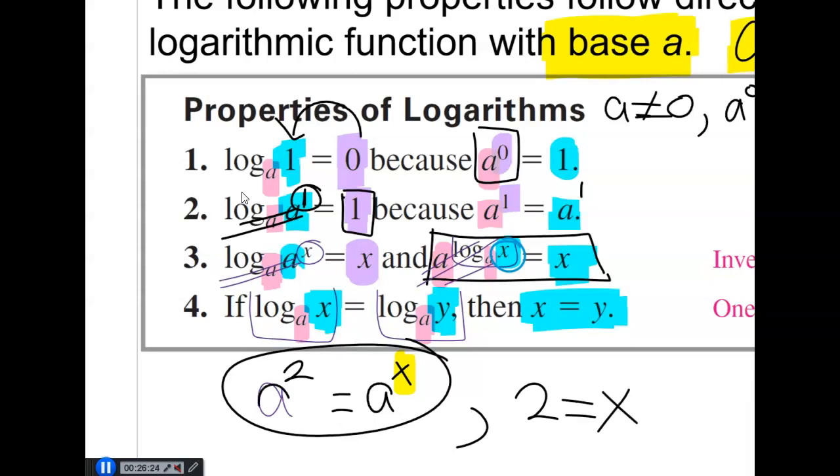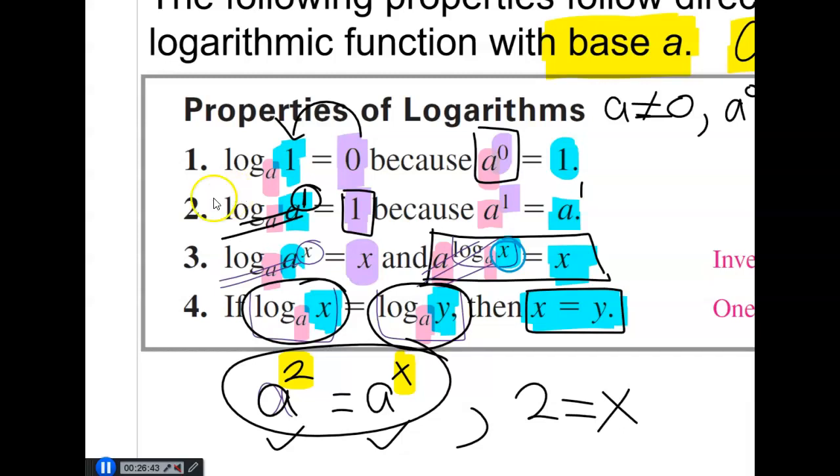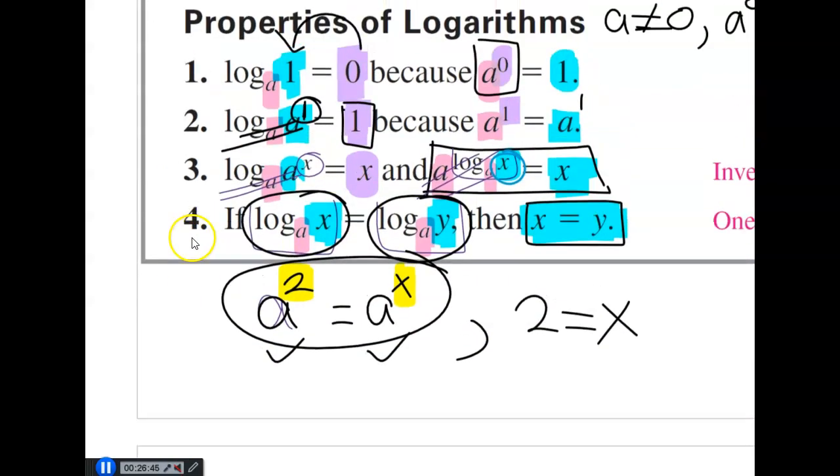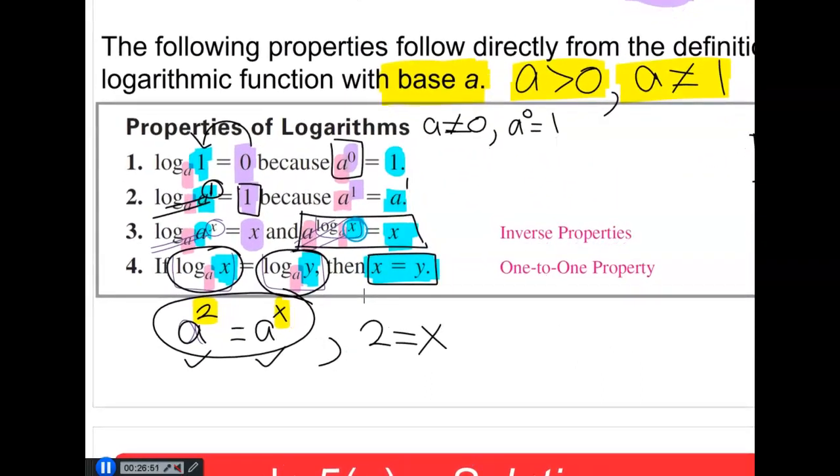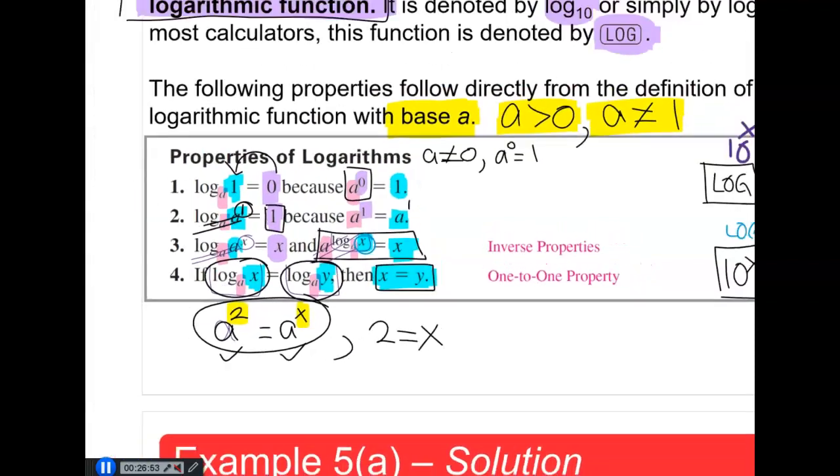If the base is the same, a is equal to a, so then the exponents must be equal. So then with the logarithmic expression, we have log of x base a is equal to log of y base a. So since the bases are equal, the arguments must be equal. And this is also known as the one-to-one property. And number 3, they're known as the inverse properties.